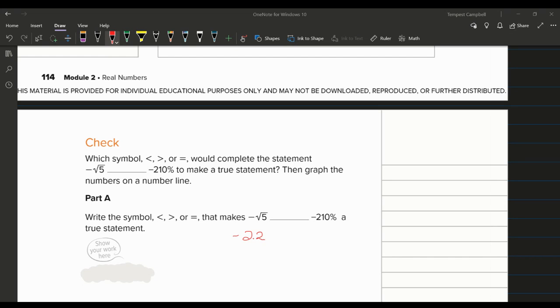Then if we did negative 2.1 as a percent, we know we're going to take our decimal and move it over twice, so we're going to get negative 2.1. So that tells us that we're going to have a less than symbol, because negative 2.2 is less than negative 2.1.